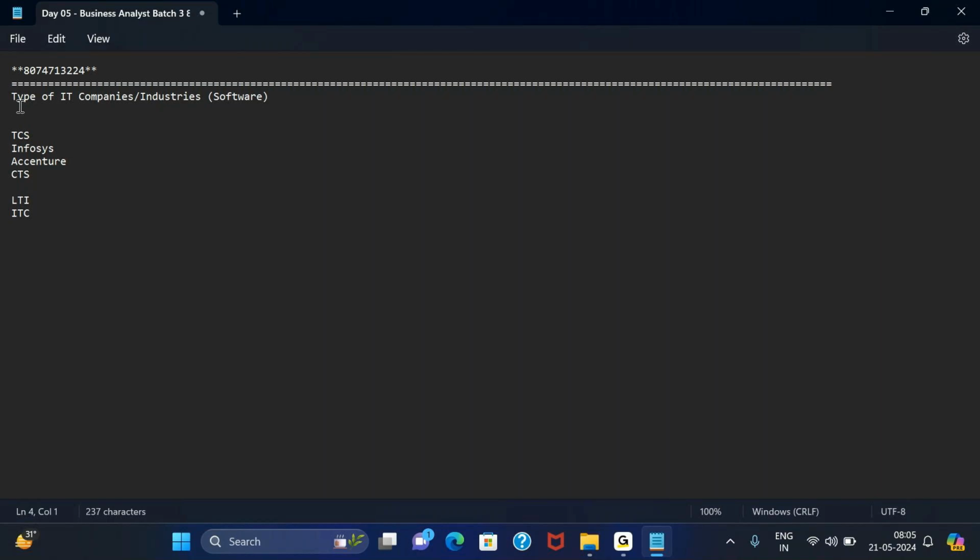Irrespective of how many companies there are, broadly we have two classifications. One is called product based company, and the second one is called service based company.